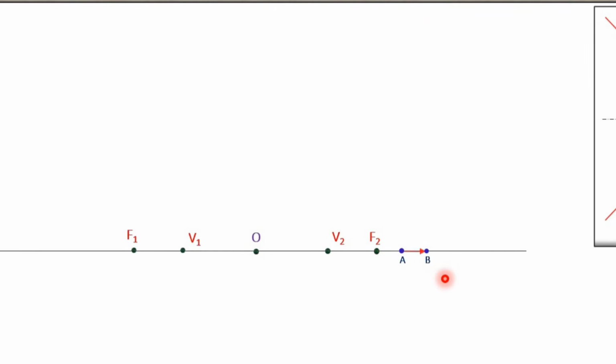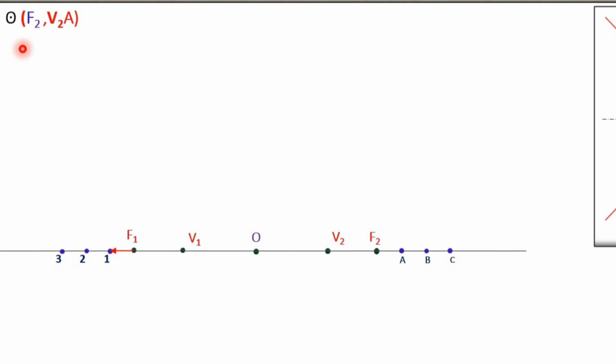Let's say it is A, B and C. Keep in mind that these 3 points have approximately equal division, so don't waste time taking equal divisions for A, B and C. Similarly, take 3 points on the left side of this F1 and give the names 1, 2, 3. Once again, these 3 distances are also approximately equal, so don't waste time once again on equal division. So mark randomly 3 points only.